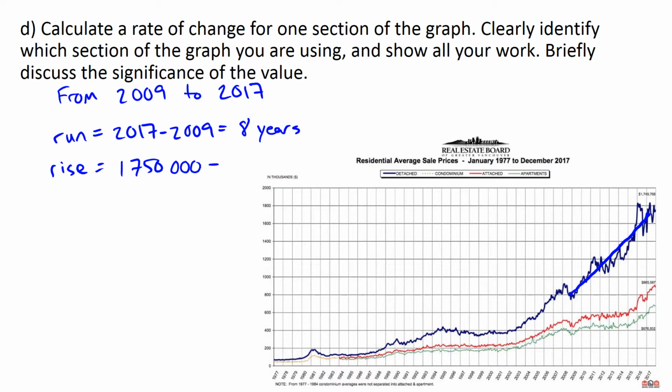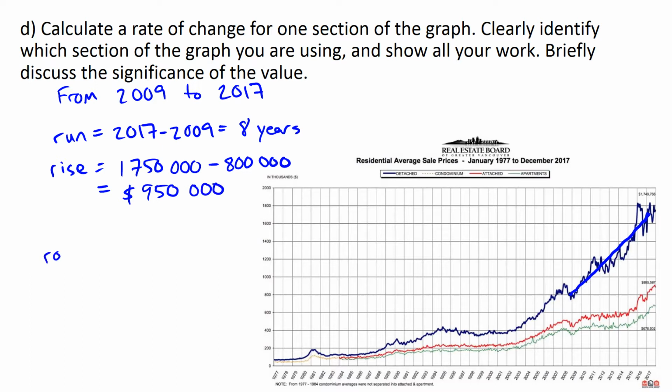And beginning in 2009, it looked like the average price was around $800,000. So that gave me a rise of about $950,000.